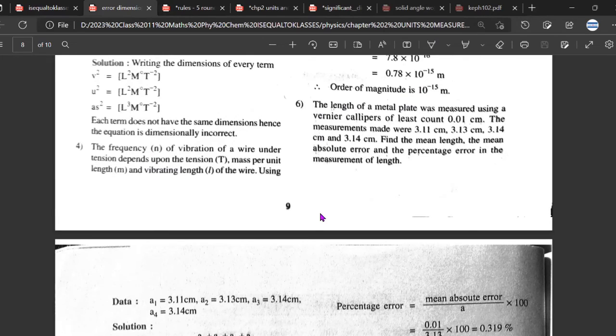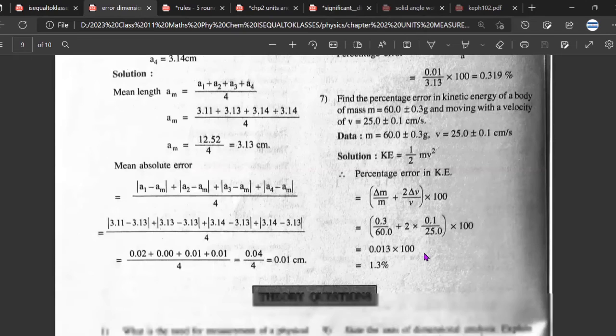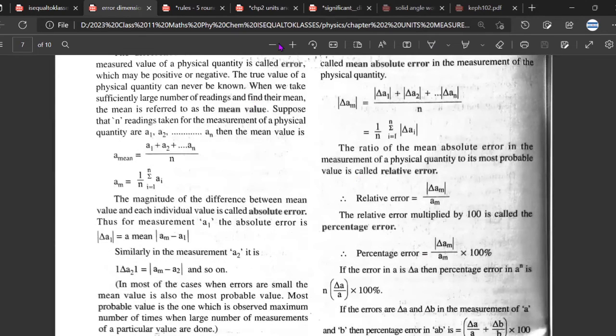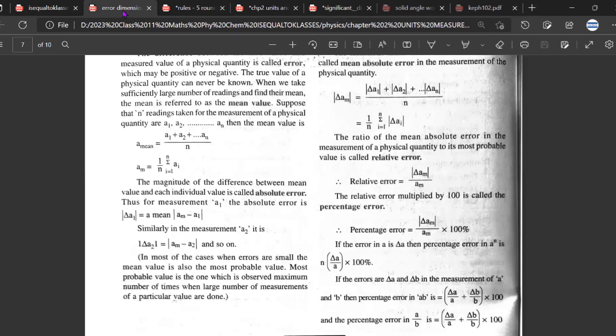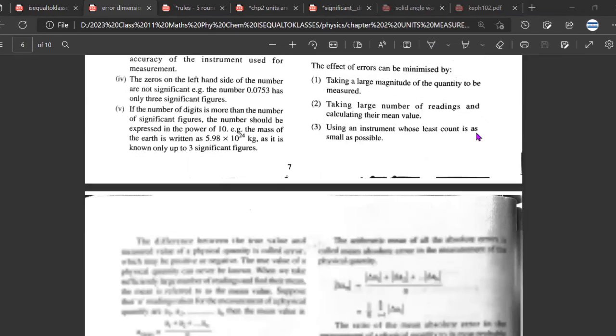Finally, the question which will be asked in competition, especially in competition, would be from error analysis. So we won't spend more time. We'll just start the lecture, we'll just understand the concepts, and tomorrow we will go in detail. Yeah? Yeah. Okay.